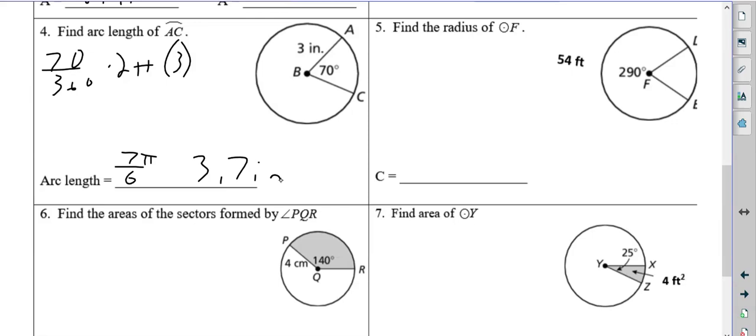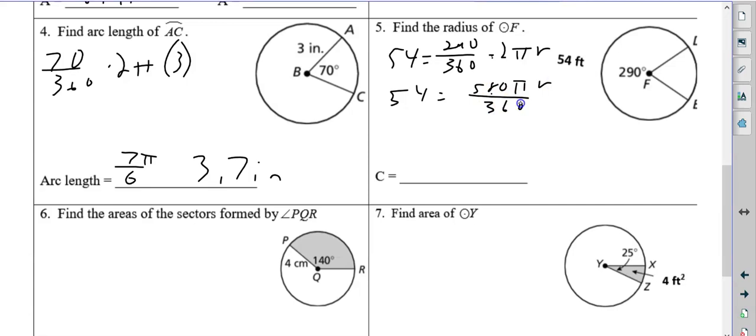Find the radius of F. Okay, so we're just working backwards here. We know the arc measure is 54. We know the sector is 290. And we put it over 360 always, times 2 pi r. So this gives us 54 equals 290 times 2 pi r over 360.